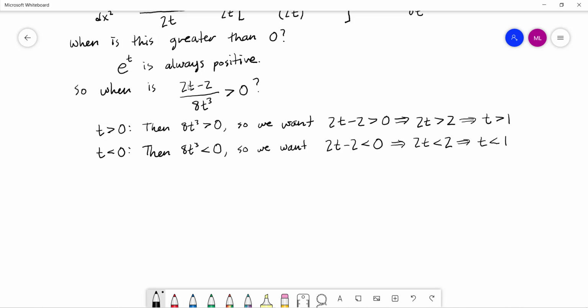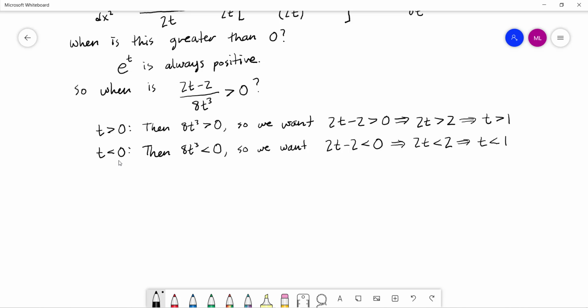The numerator will be negative, like we were wanting here. 2 times a half is 1, minus 2 is negative 1. The numerator is negative. But at t equals a half, the denominator is positive. So even though we're satisfying this, we're not satisfying this, and we have a contradiction.